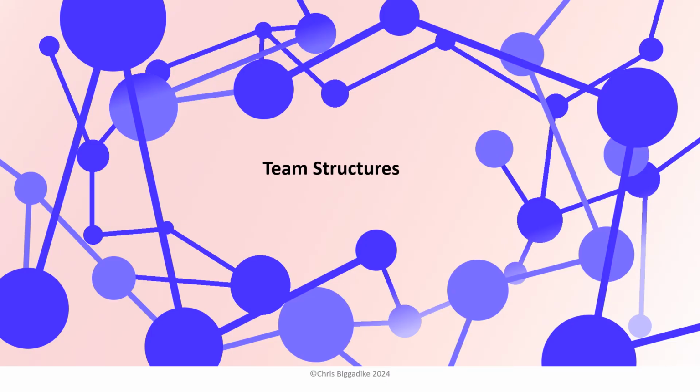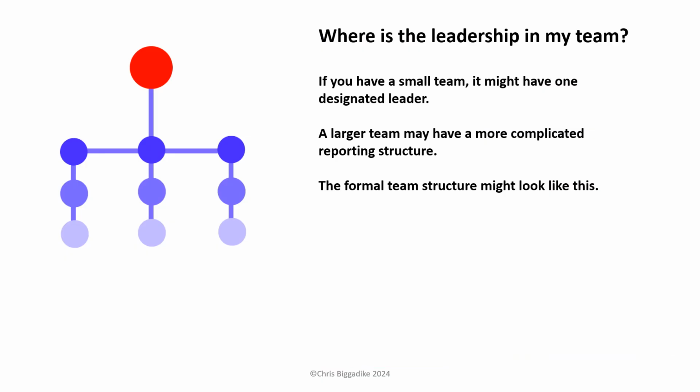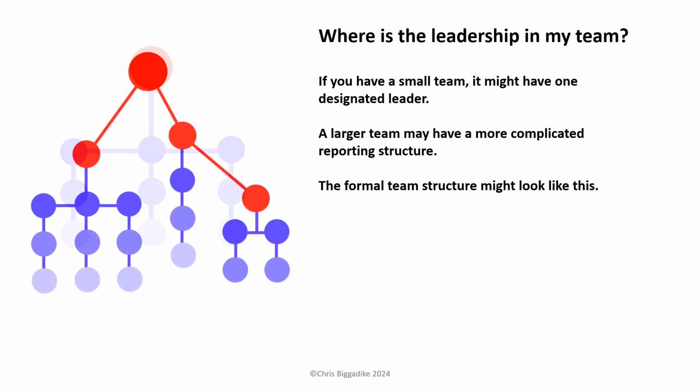First, let's take a look at team structures. If you have a small team, it might have one designated leader. A larger team may have a more complicated reporting structure.